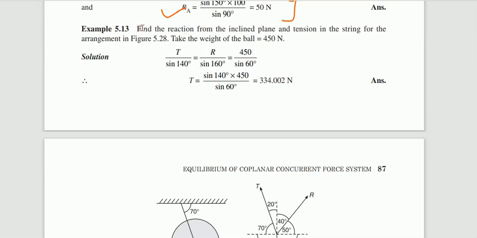Find the reaction from the inclined plane and the tension in the string for the arrangement shown in the figure. The weight of the ball is 450 Newton. The reaction from the inclined plane and the tension in the string, these two unknowns you need to find here.